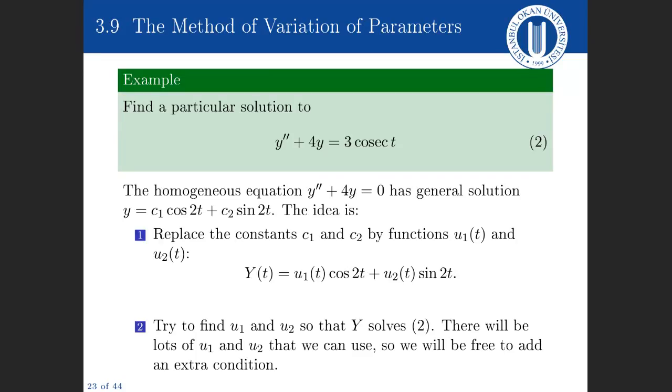In fact, there's infinitely many pairs of u1 and u2. And we only need to find one pair of functions which work. So it's going to be okay for us to add in an extra condition whenever we want. We're not trying to find every possible u1 and u2. We're just going to try to find one pair which works.